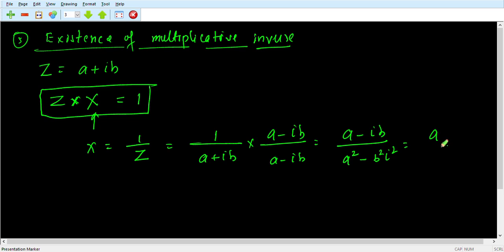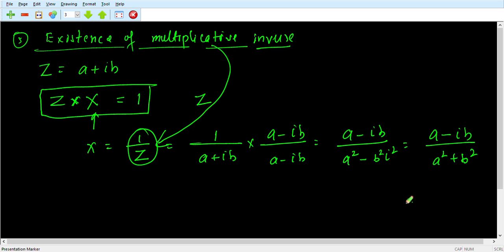So if 1 upon z is multiplied with z, the answer will be 1. So 1 upon z is basically the multiplicative inverse of z. So 1 upon z is a minus iota b upon a square plus b square.